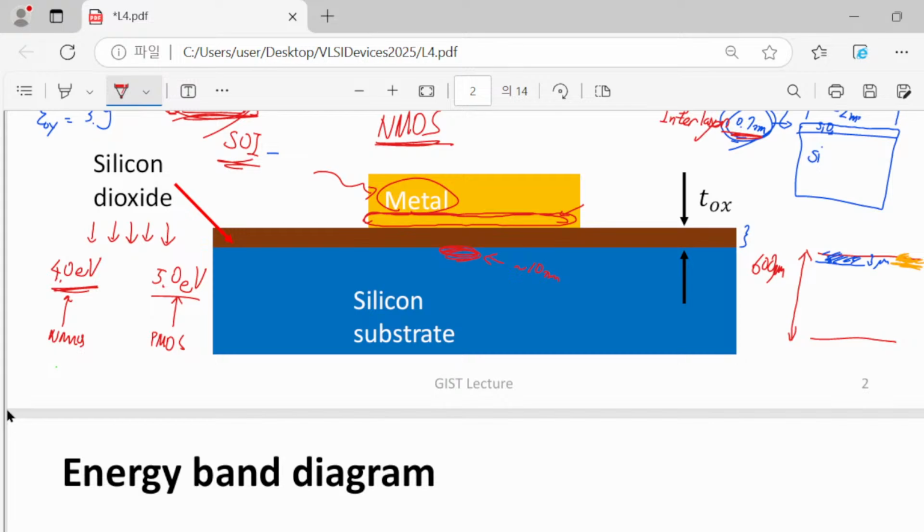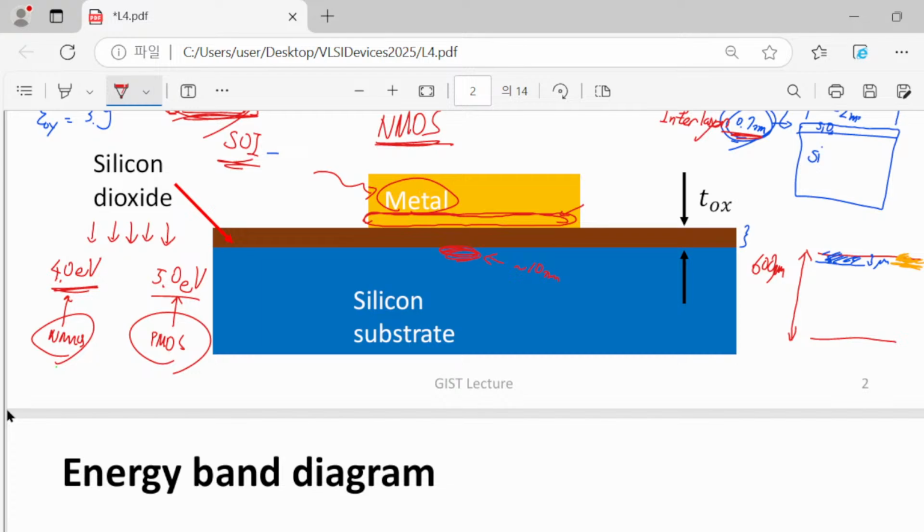This is the way we control the work function. Although I just told you that this is good for N MOSFET and this is good for P MOSFET, even when we consider a given type of transistor, N MOSFET, sometimes we want to introduce different threshold voltages.